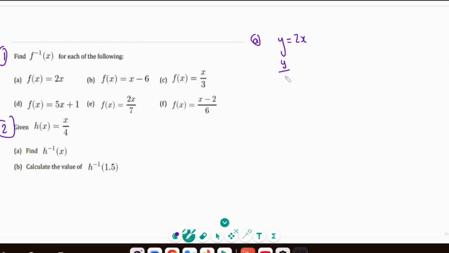Make x the subject by dividing both sides by 2, and then write in function notation by replacing the y with an x. B. Put equal to y. Make x the subject, and write in function notation.